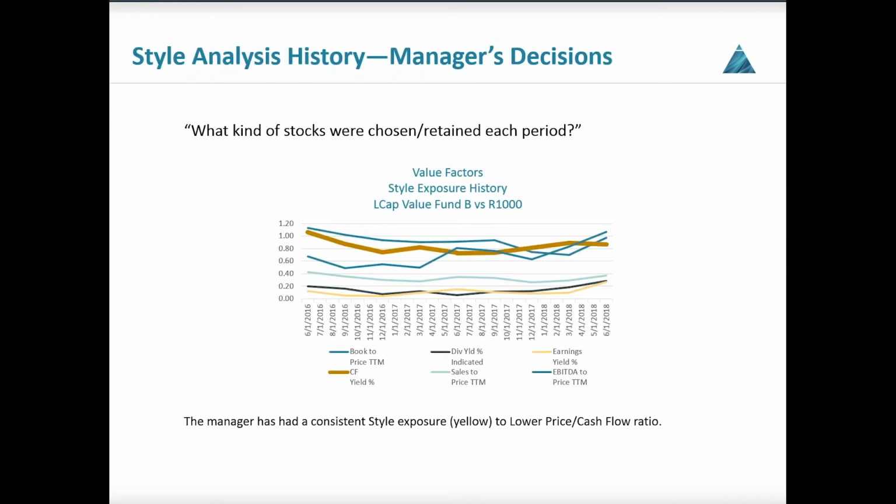In order to see what the manager's investment process was, we're going to look at the style history for the value factors. And the factor there in bold is the cash flow yield. As you can see here, this manager definitely chooses stocks with higher cash flow yield and consistently does it through all the time periods.